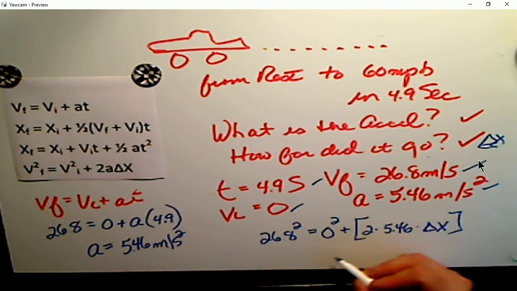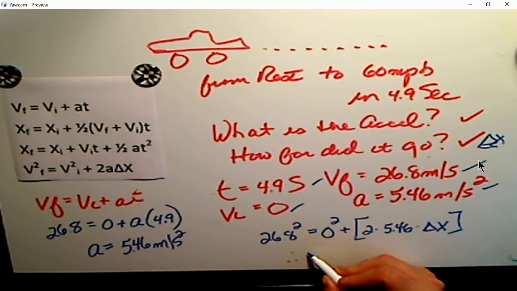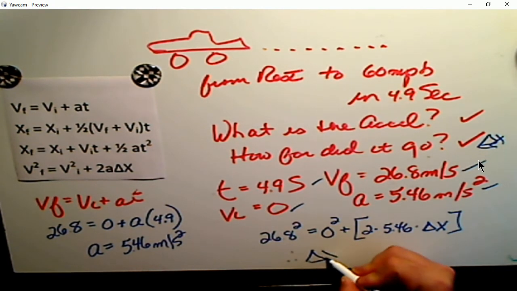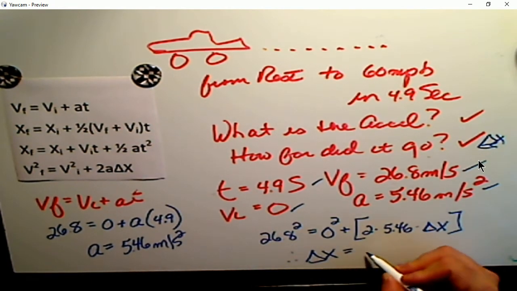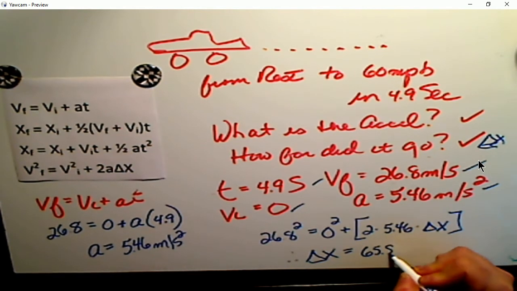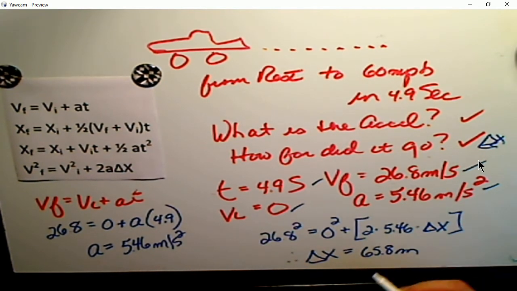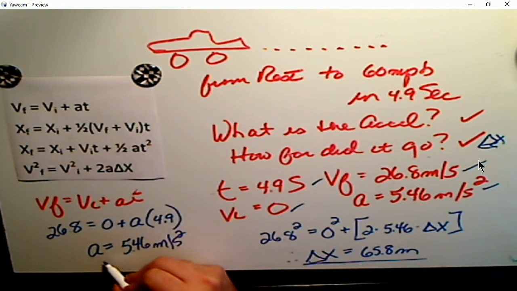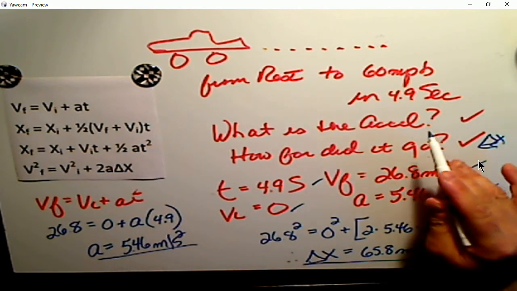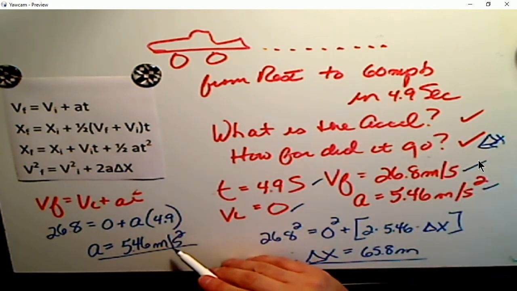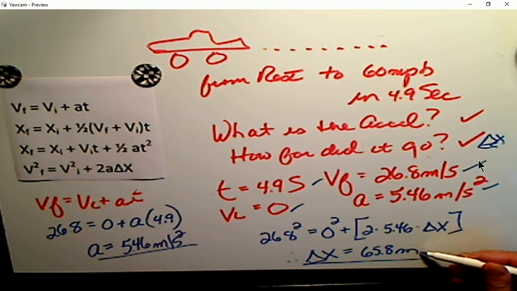We should be getting here change of x equals about 65.8 meters. So that's the second part of this problem. What is the acceleration? 5.46 meters per second squared. What is the distance it went? 65.8 meters.